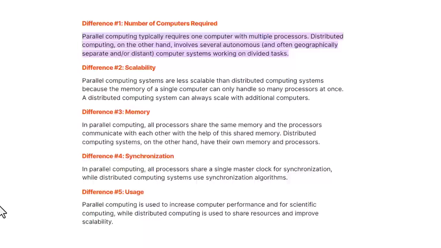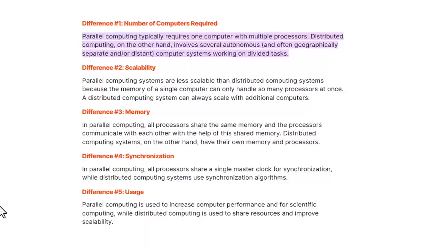The third difference is the memory. In parallel computing, all the processors share the same memory, and the processors communicate with each other with the help of this shared memory. While distributed computing systems, on the other hand, have their own memory and processors.